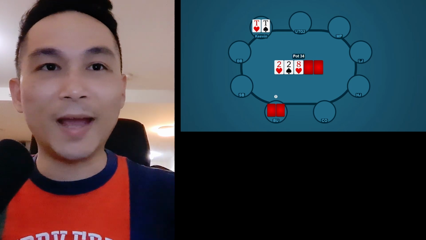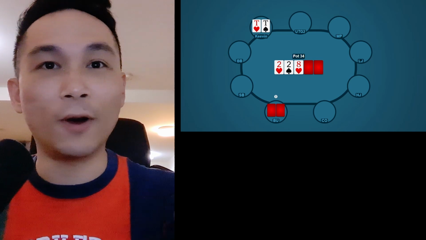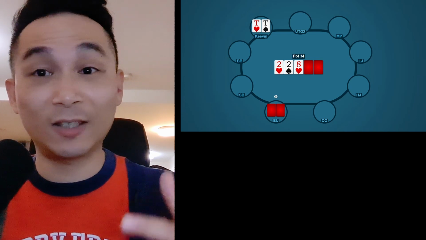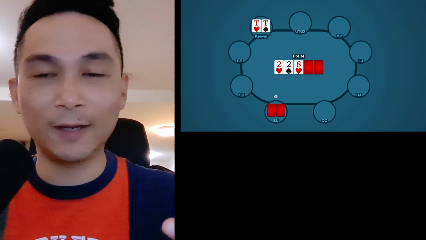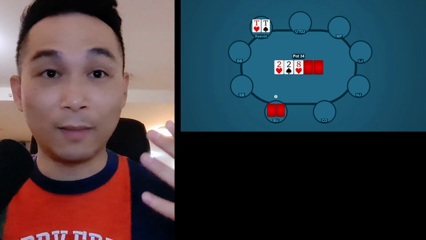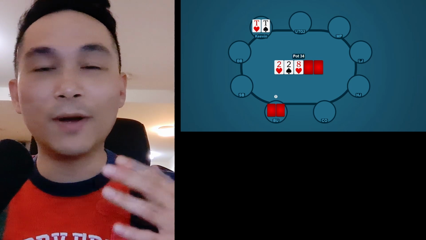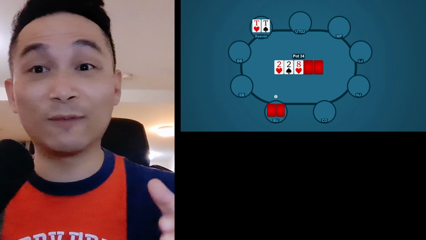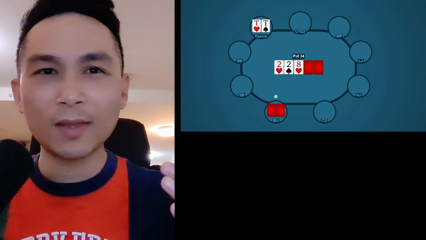So if I make a bet that makes him pay more than 1/4 of the pot to win the pot, then it's a good value bet. More expected value for me and less for him. Positive EV for me and negative EV for him. The more I make him pay, the better value for me, but only to the point that he doesn't fold. Because if he does, we get 0 value.